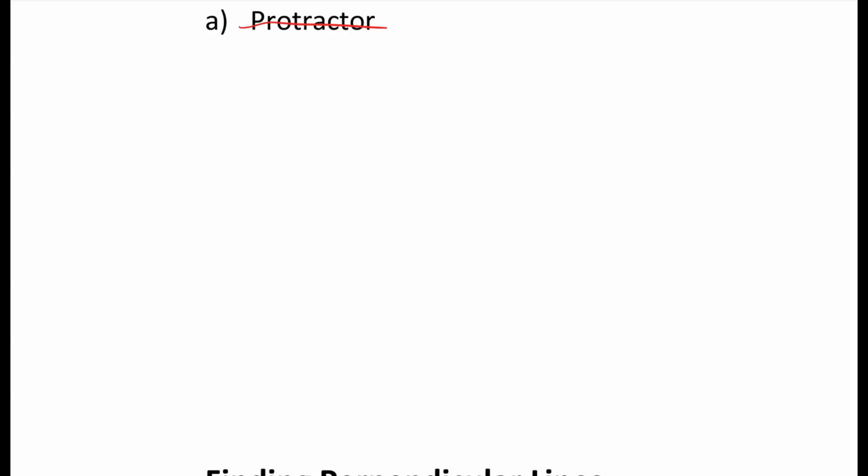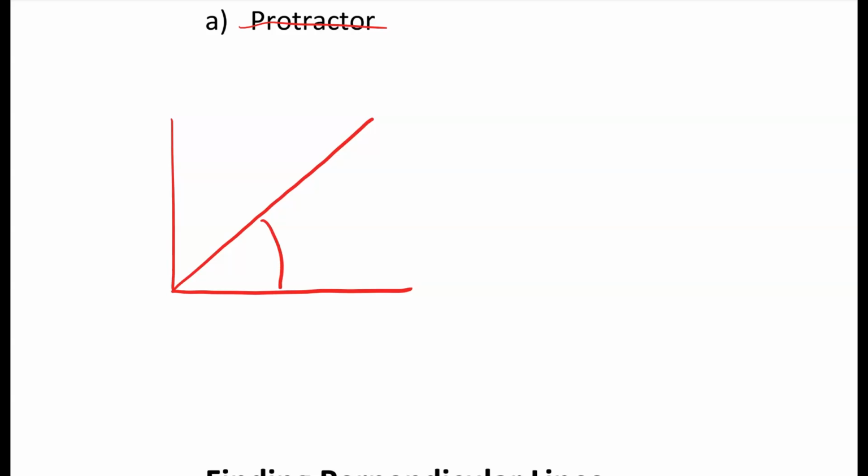Now, if I just draw a line straight down and straight across, we know that this would make a 90 degrees in the corner. If I split this in half, this would be each 45 and 45.